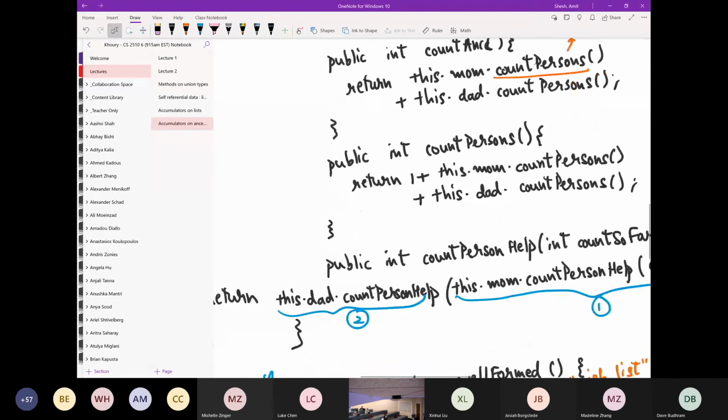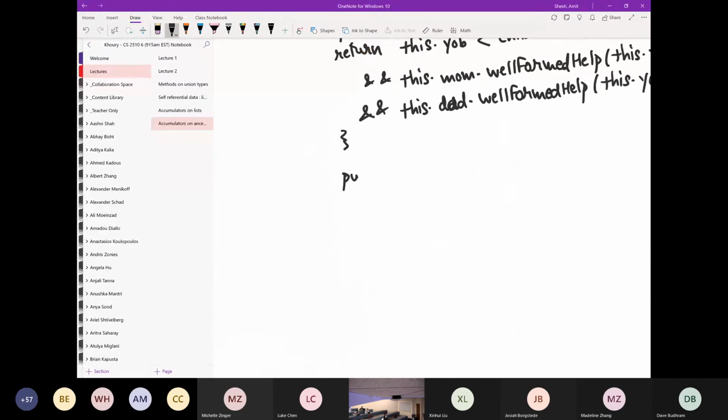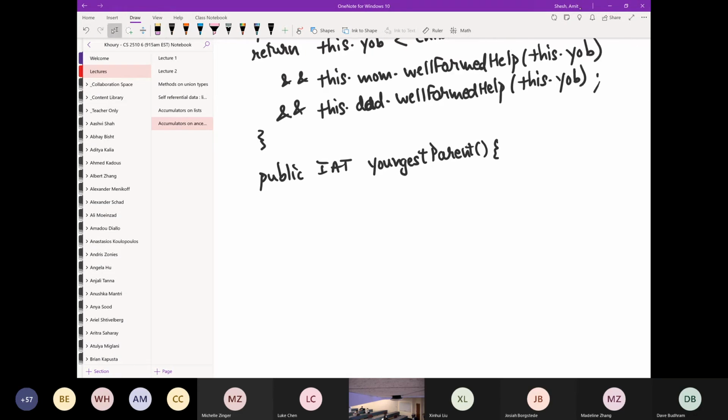And so here we can use it to implement this method. Youngest parent. I wish to return the younger between this dot mom and this dot dad. Okay? And simply return that.